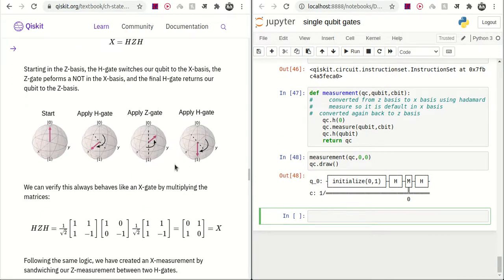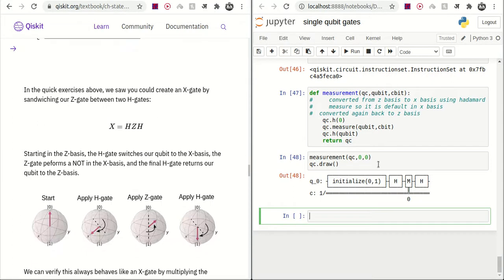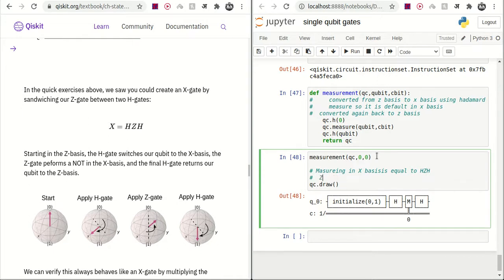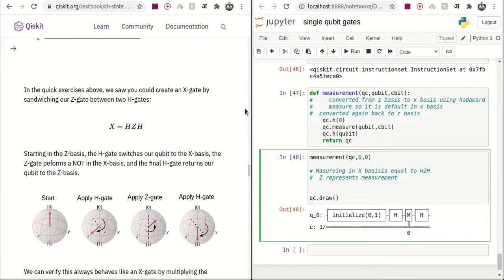Now what is going to happen? We can see that measuring in the x basis is equal to H, Z and H. This Z here represents the measurement.